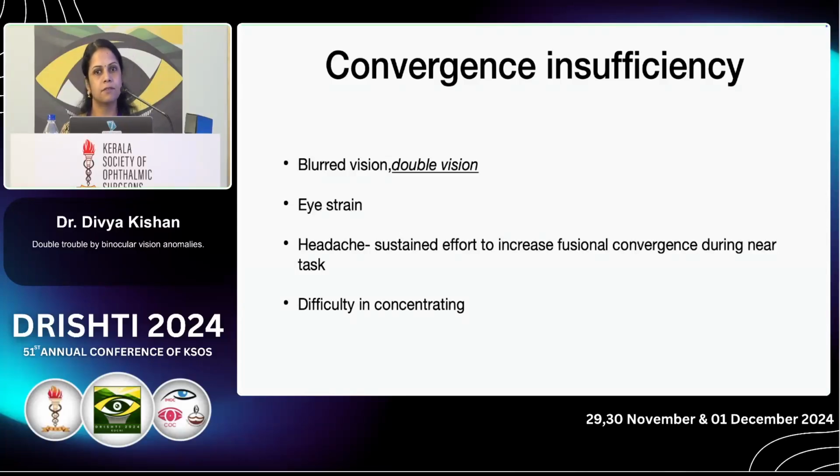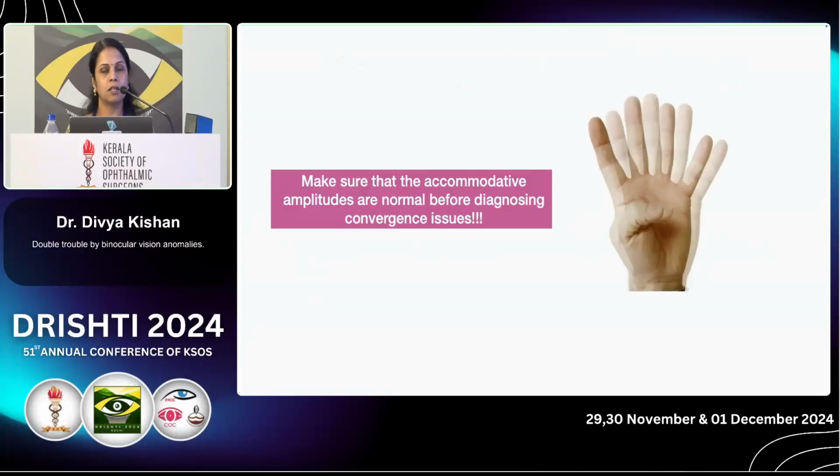Convergence insufficiency usually presents with complaints of blurred vision, double vision, eye strain, and headache, which is due to the sustained effort to increase the fusional convergence during the near task, and difficulty in concentrating. But the word of caution is that in all cases that present with double vision, do not jump into the diagnosis of convergence insufficiency. That is because it is actually difficult for patients to differentiate whether they are seeing blur or double.